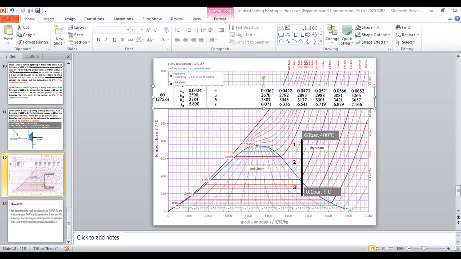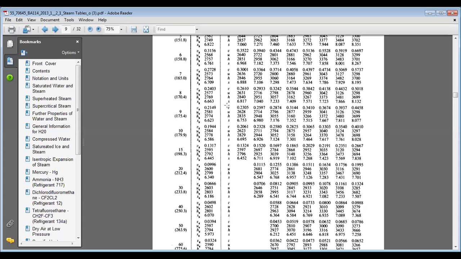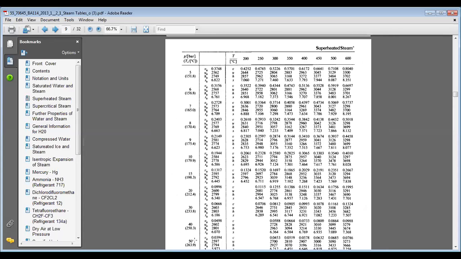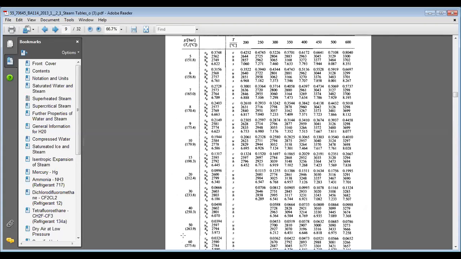So if you go back to the same steam table, if you minimize this, I have to share the screen with you. Steam table. You can see 60 here down.